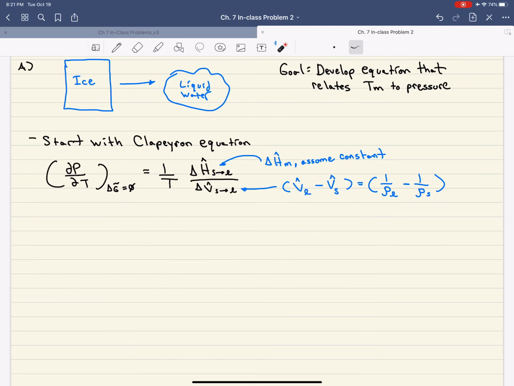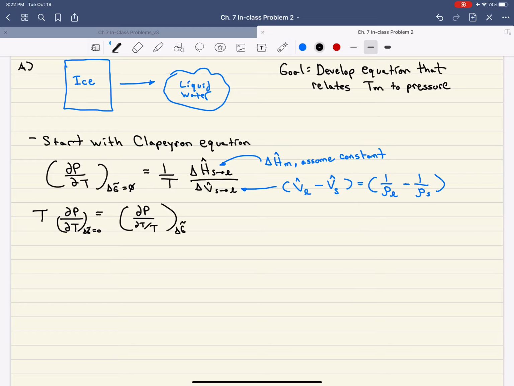we could move the temperature to this side over here. And what we're going to have in the bottom is a dT divided by T. Actually, before I do that, let's do it like this. If I move temperature over to the left-hand side, I could combine this temperature with this dT down here. Okay?